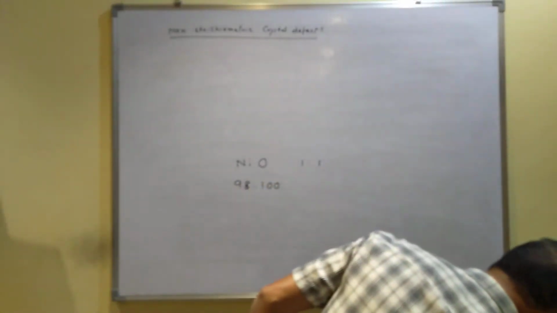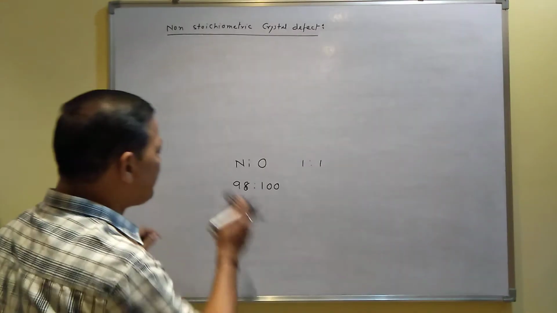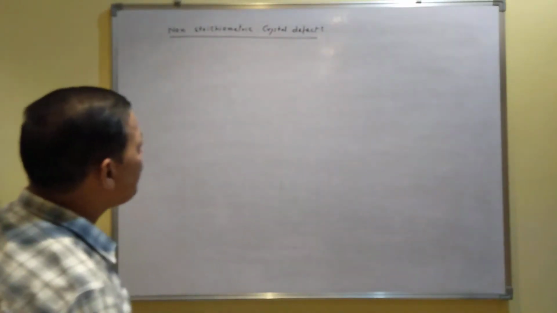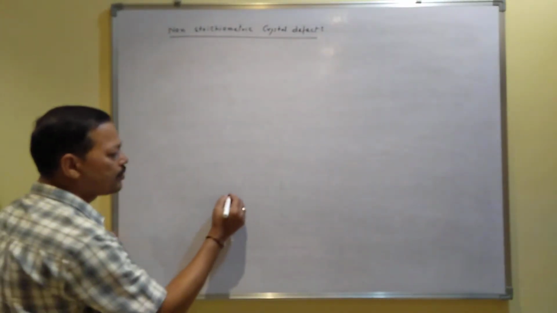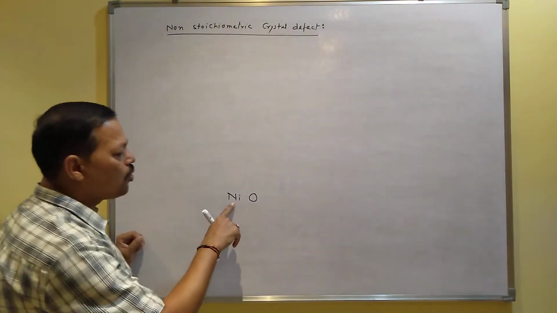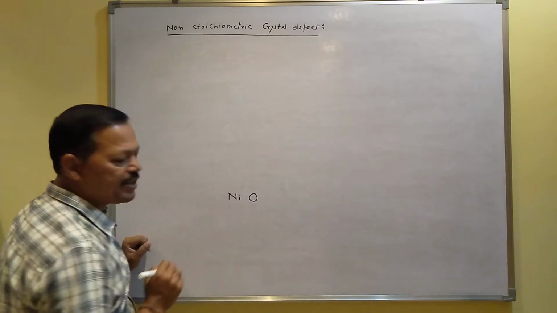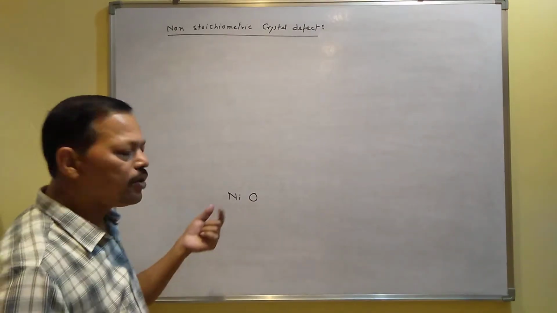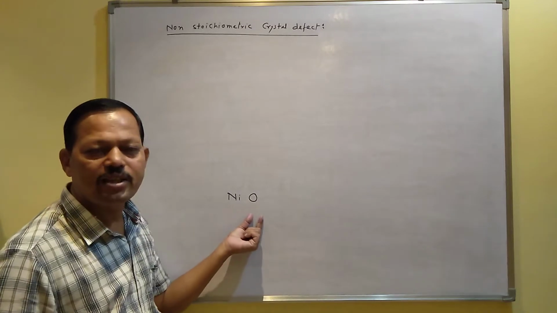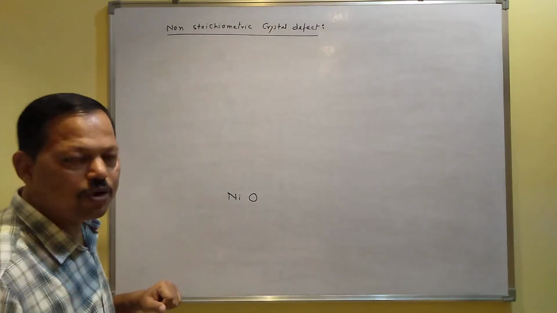Now, non-stoichiometric crystal defects are of two types depending on whether the positive ions are in excess or the negative ions are in excess. As you have got, non-stoichiometric crystal means in which the number of cations and anions are not the same according to the formula.